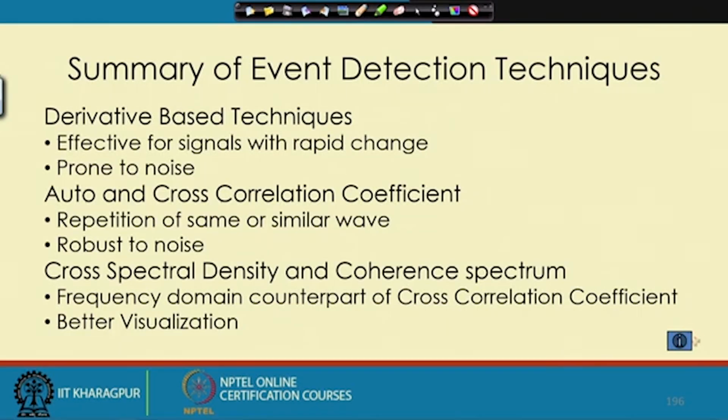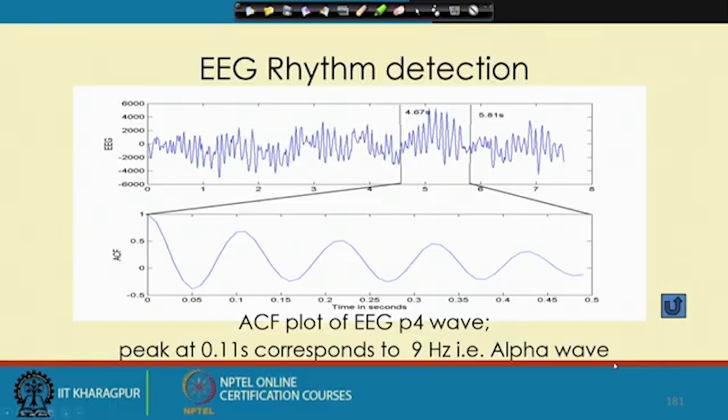So, let us go back to some of the examples we have taken. I think then we can recall them better. Here in the P4 wave, we are searching for the presence of a pattern, which we have shown in between this place. In this area we see a pattern and it seems that it is repeated. It seems to be like an alpha wave.